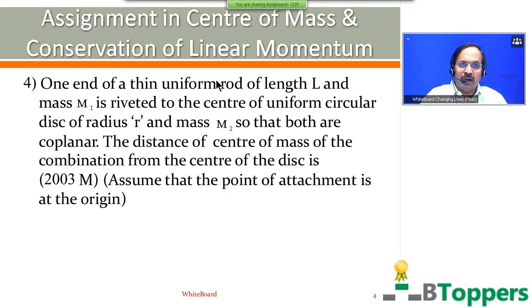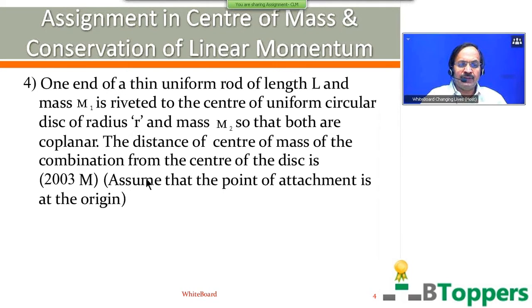One end of a thin uniform rod of length capital L and mass m1 is riveted to the center of a uniform circular disk of radius r and mass m2, so that both are coplanar.